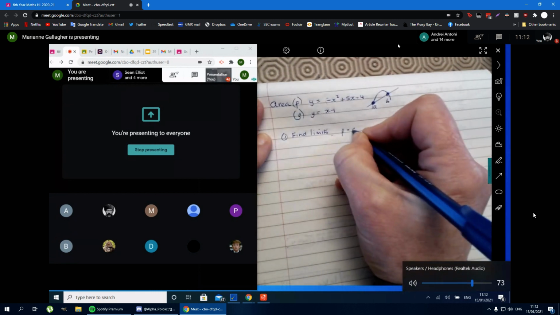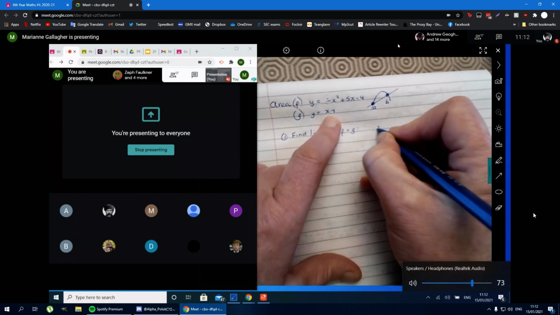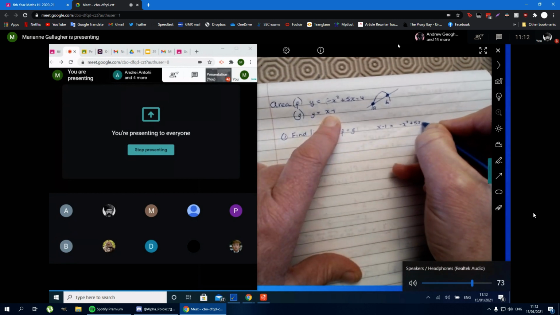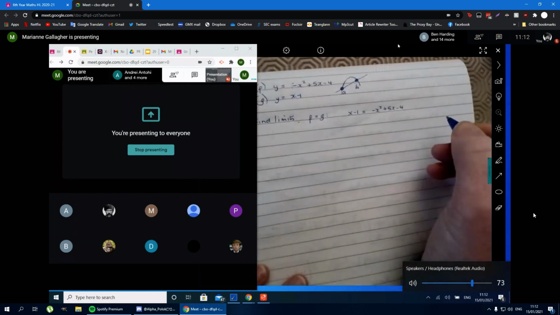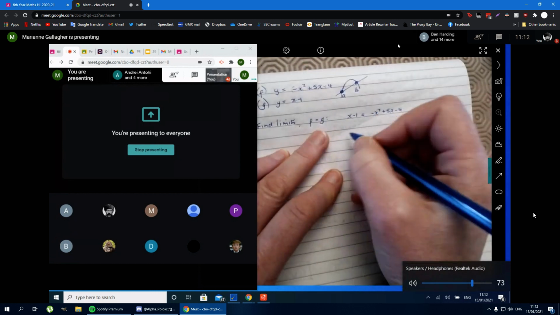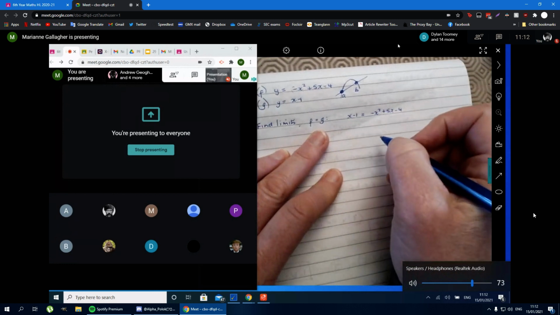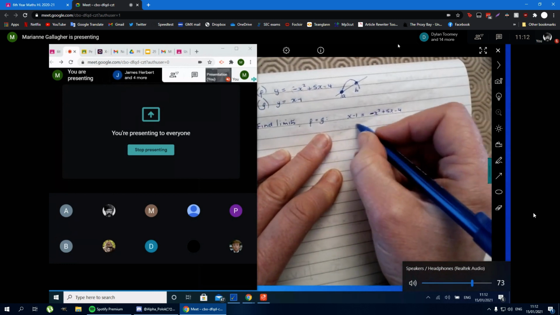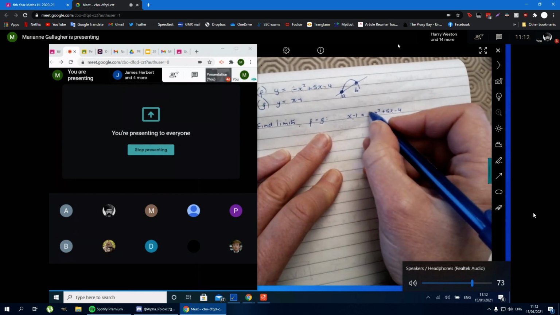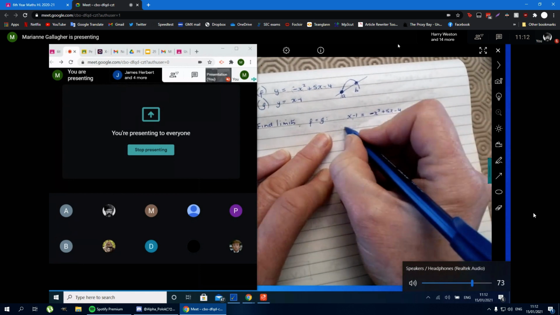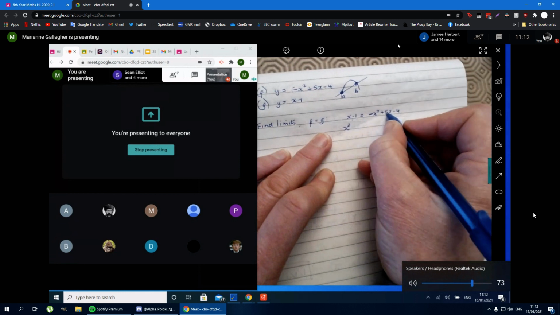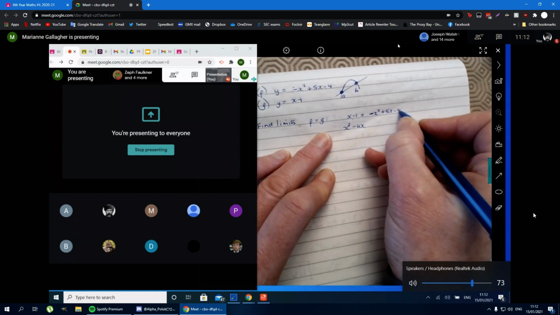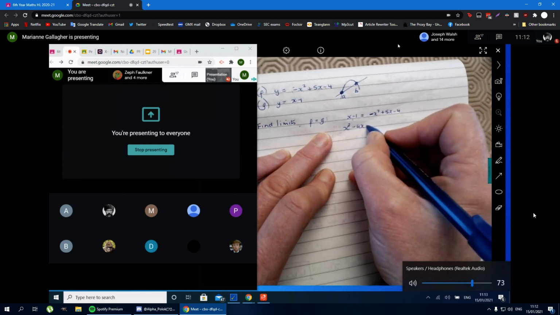So f equal to g means x minus 1 is equal to negative x squared plus 5x minus 4. So this is going to be a quadratic that we solve. If this is a negative x squared, which would make it hard, I'm going to bring them all over to the left so that this is positive. So we've got x squared minus 5x plus 1x is minus 4x. Minus 4 becomes plus 4 minus 1 is plus 3.